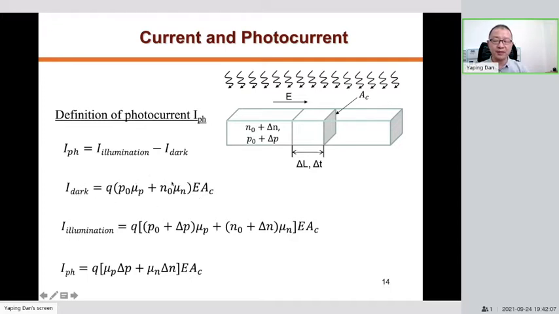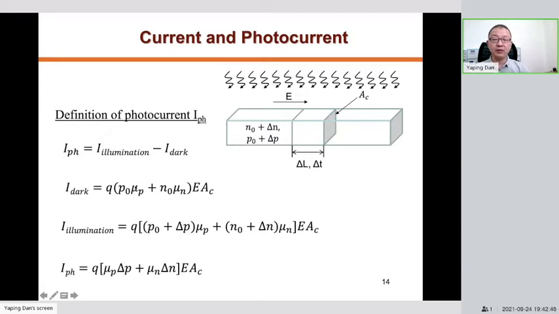For the total current under light illumination, the only difference is that you create excess holes and excess electrons. So you replace the hole concentration with the dark hole concentration plus the excess hole concentration, and likewise the electron concentration plus the excess electron concentration. Basically the equation is the same except that these two parameters are different.